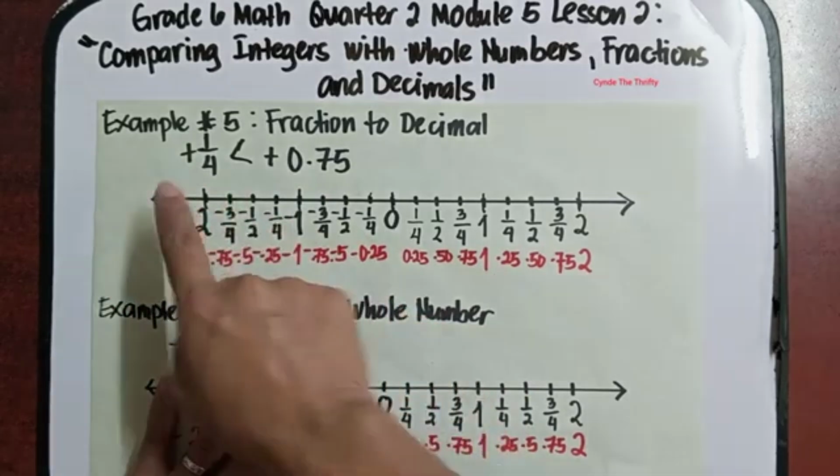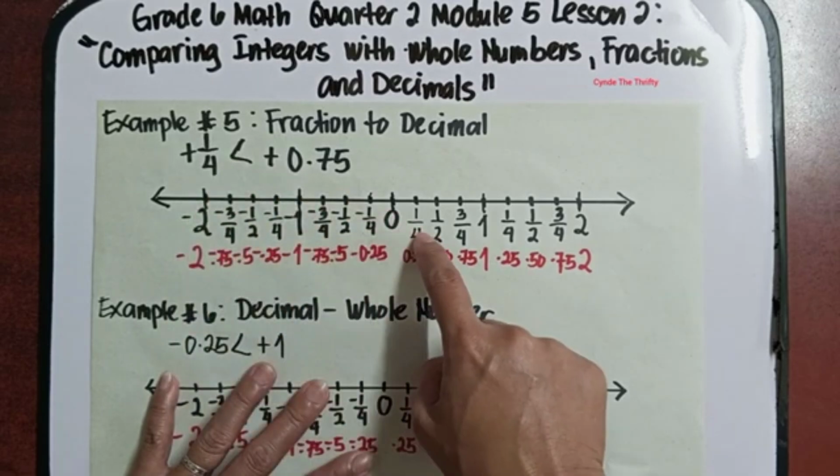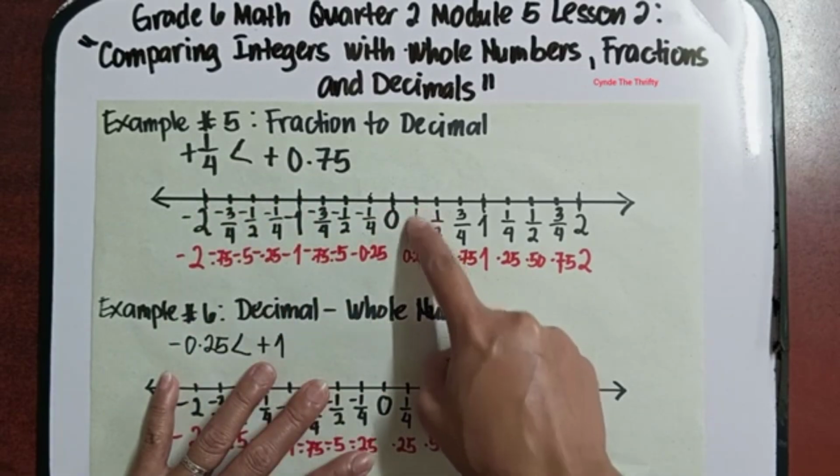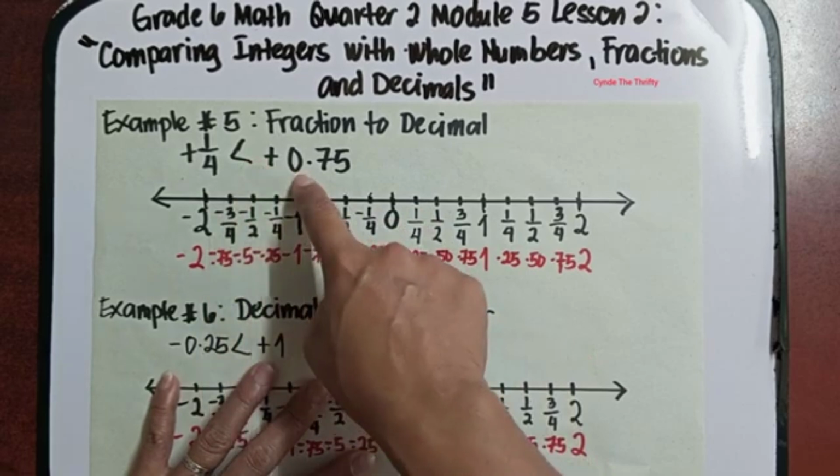So now, let's compare positive 1/4. Where is positive 1/4? Here. So this is 1/4. It is near 0. It is less than positive 0.75.